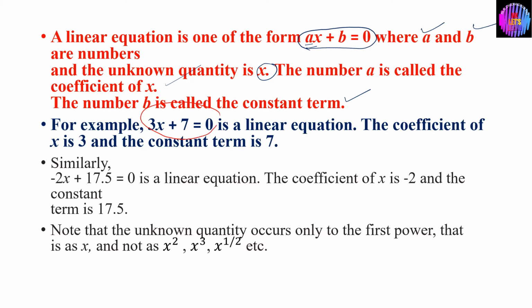It is a linear equation. Here the coefficient of x is 3. Similarly, the constant is 7. Here is another example, minus 2x plus 17.5 is equal to 0, which is also a linear equation. The coefficient of x is minus 2 and the constant is 17.5.